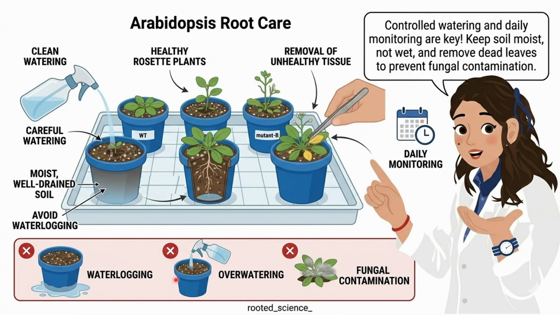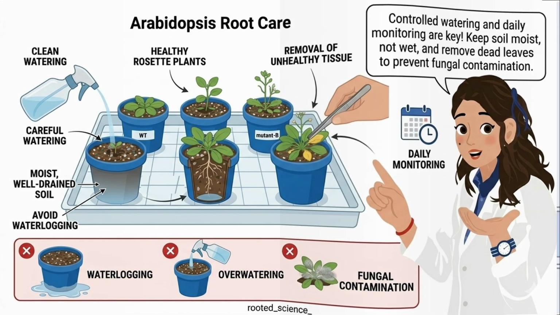Make sure there is no waterlogging, you are not overwatering, and there is no fungal contamination. If you observe any fungal contamination, you should quickly remove that plant so as to avoid that fungus infecting other healthy plants.